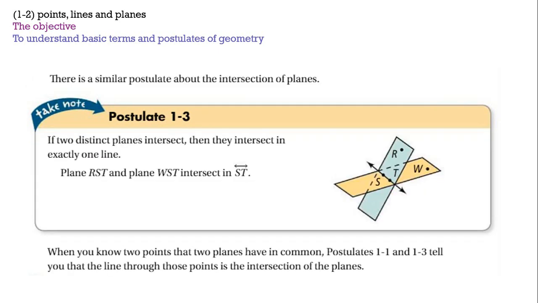While here, if you have two intersecting planes, then logically they intersect in a line, not in a point. So they intersect in exactly one line.